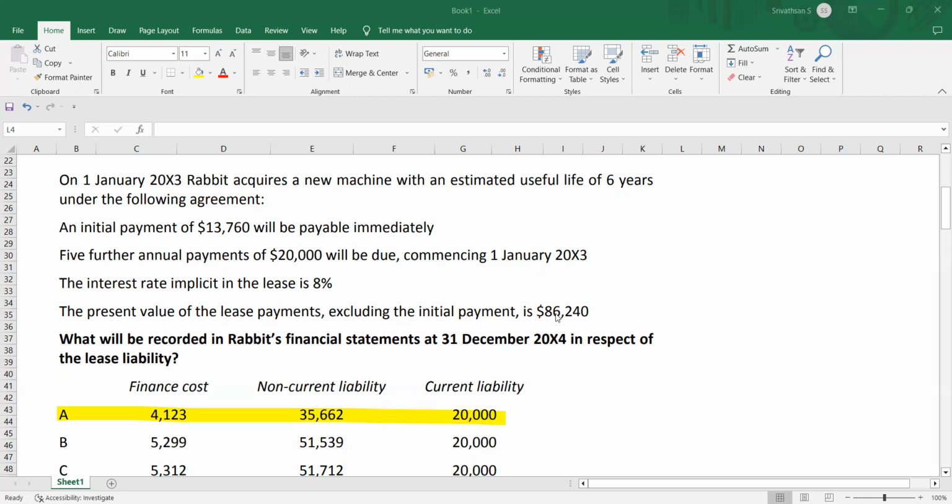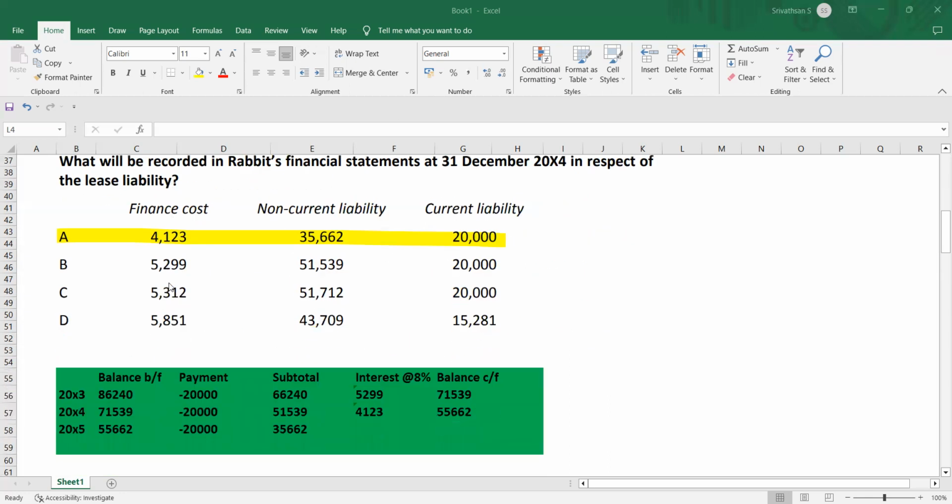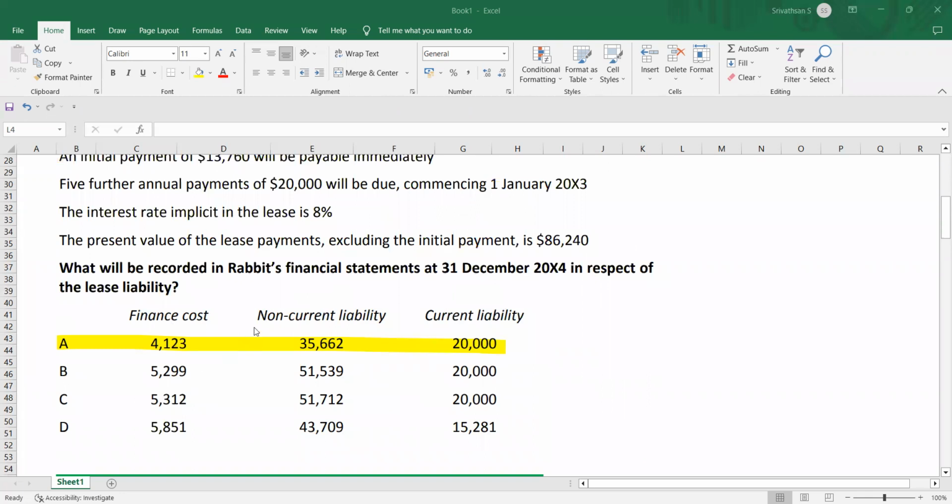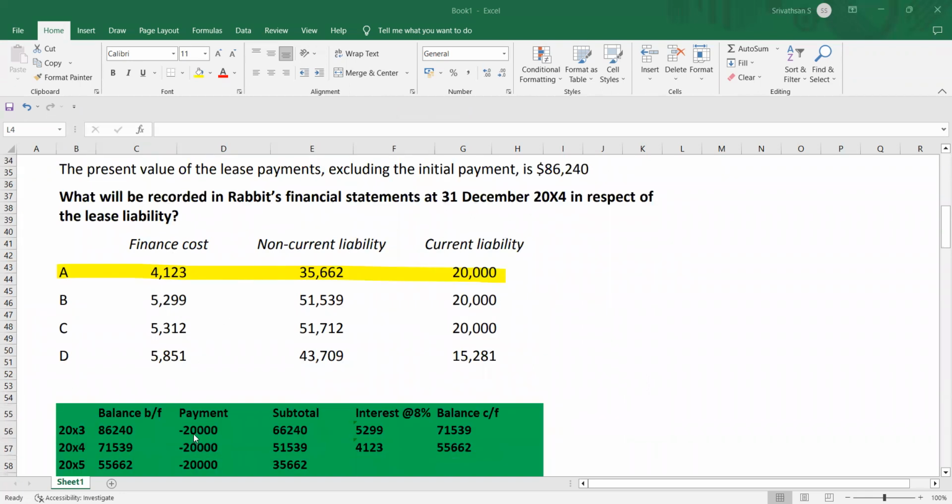86,240. So here this 86,240 is nothing but your lease liability, and this excludes the initial payment. As I already told you, this 13,760 is not a part of your lease liability. That's why here they have given excluding the initial payment, and the lease liability is directly given in this question. So you just bring forward this number, lease liability, and since this is a case of advance payment, you deduct the payment first.